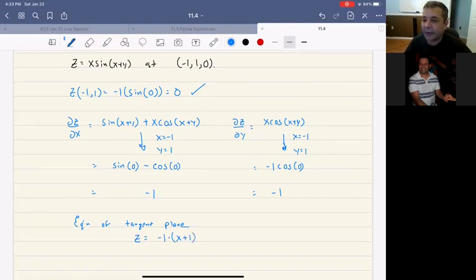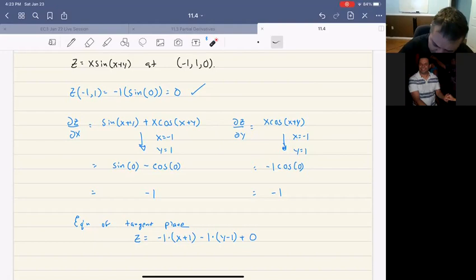Because it's x minus x0, minus 1 times y minus 1 plus 0, because that's the z point at which we're taking it. I'm just going to write that as z equals minus x minus y. But I wanted to show you guys how I got all that.